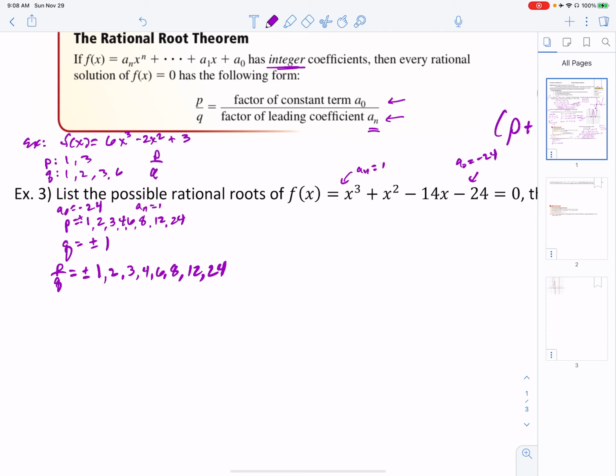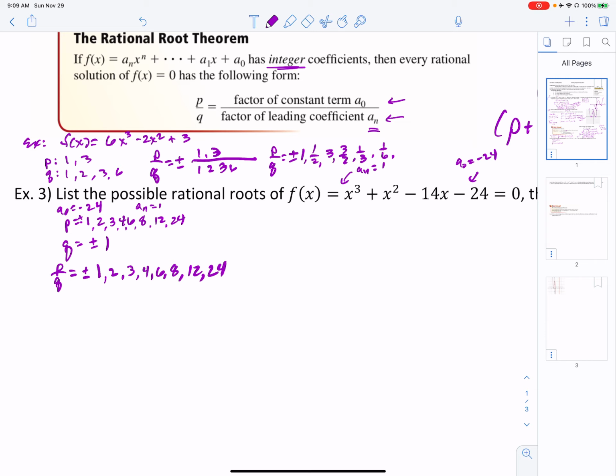So p over q become all these different possibilities: 1 over 1, or 1 over 2, 3 over 1, or 3 over 2, and then 1 over 3, or 3 over 3, but 3 over 3 is 1 and we already have that, and then 1 over 6, or 3 over 6, which is 1/2, which we already have.